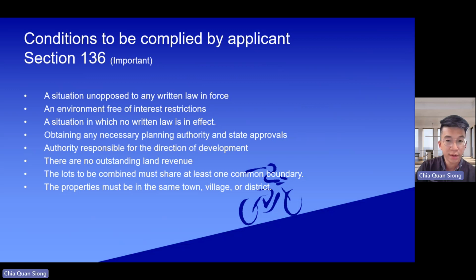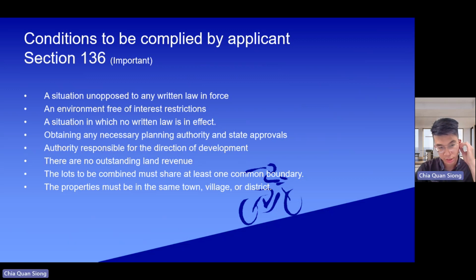Obtaining any necessary planning, authority, and state approval means we need to get the approval before doing anything. The authority responsible for the direction of development means we must follow the function as stipulated in the titles. There are no outstanding land revenue. We need to pay all the necessary quit rent and also the assessment.